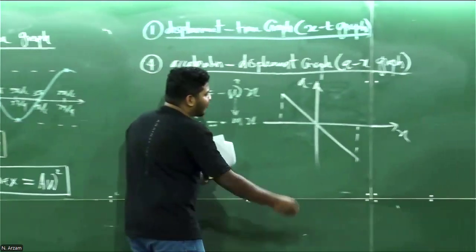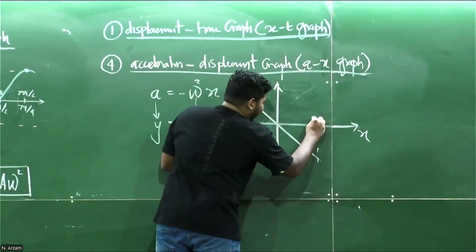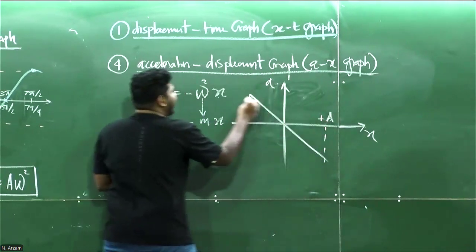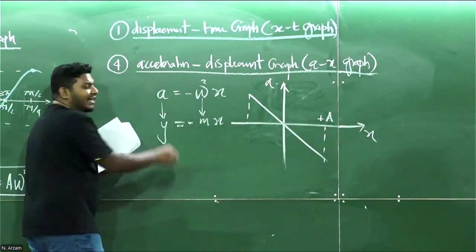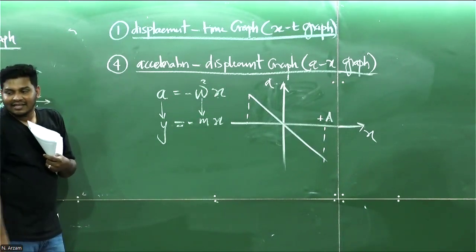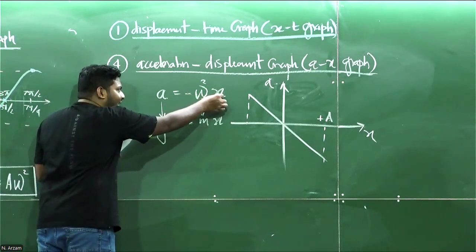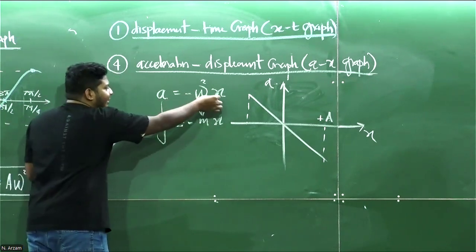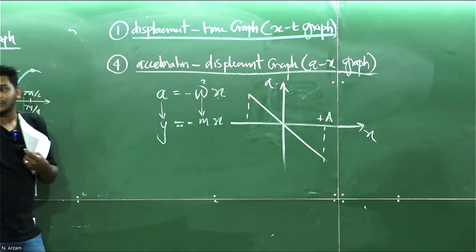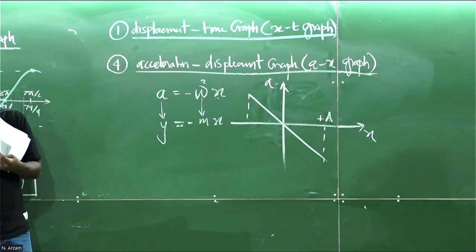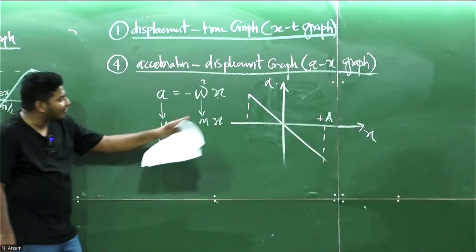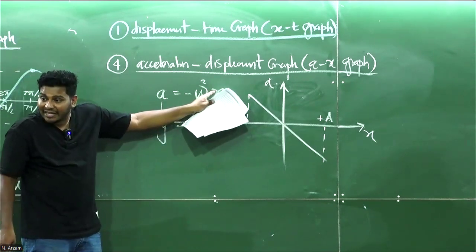So we can substitute. When we substitute plus a here, what is the acceleration? Plus a into minus omega square is equal to minus a omega square, because we substitute for the x, plus a.